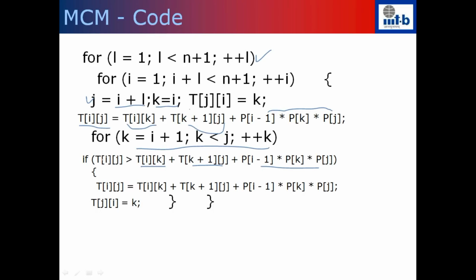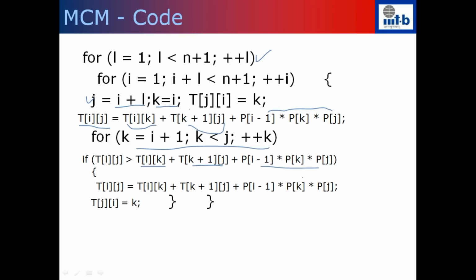If t of i comma j is greater than this, then breaking at this particular k is better than what we had earlier. So if the resulting number after computing this is smaller than the present t of i comma j, then I update t of i comma j to be t of i comma k plus t of k plus 1 comma j plus p of i minus 1 into p of k into p of j.